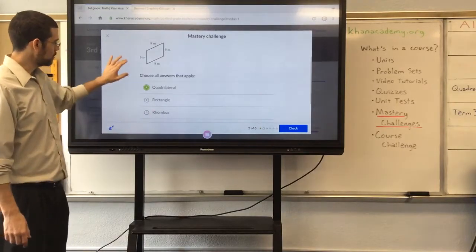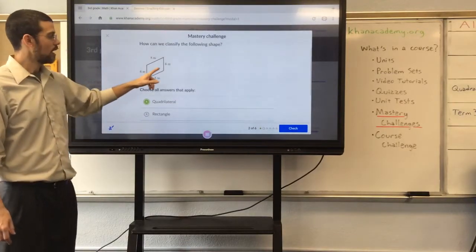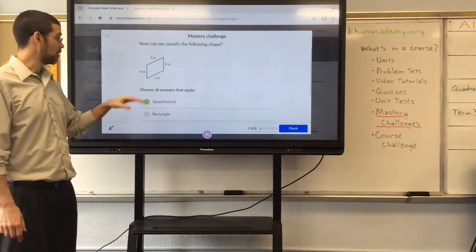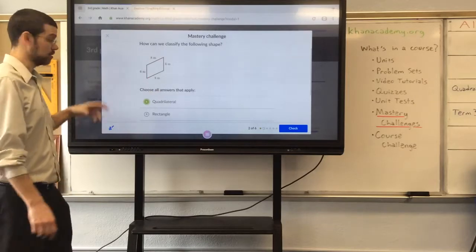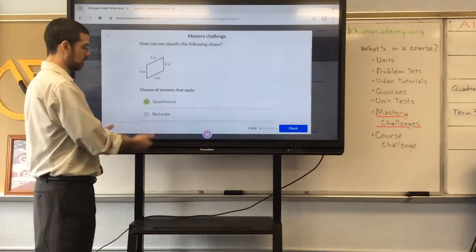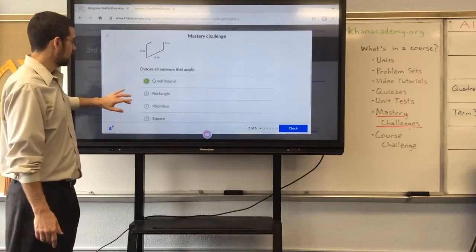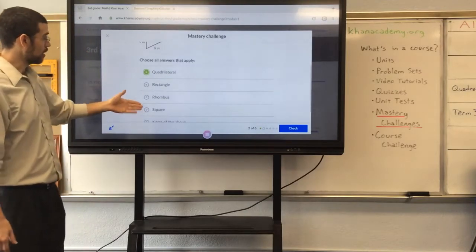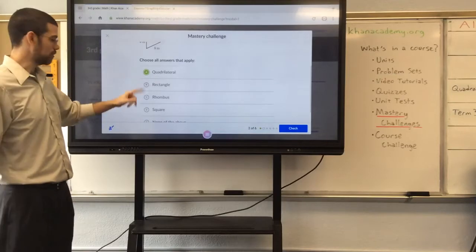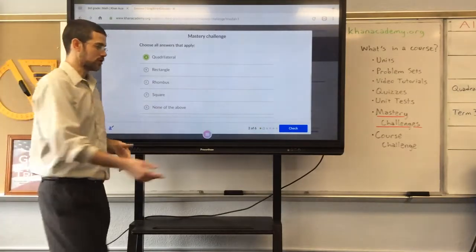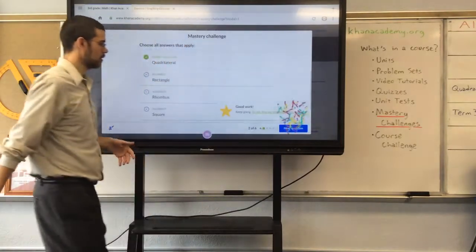And it is not a rhombus because in order to be a rhombus, every side length has to be the same measurement. They have to be congruent side lengths. So this is a quadrilateral, but it's not a rectangle, and it's not a rhombus. It's also not a square because a square has right angles and equal side lengths. It's not none of the above because it is a 4-sided quadrilateral. All right.